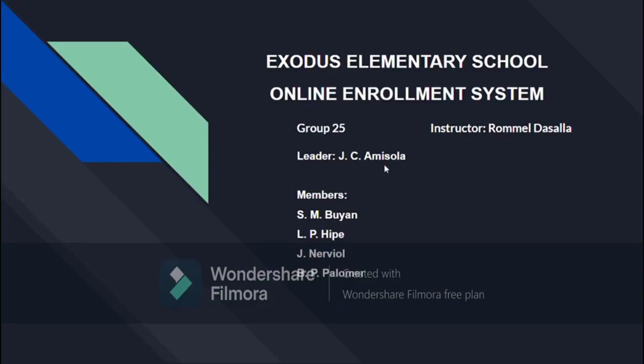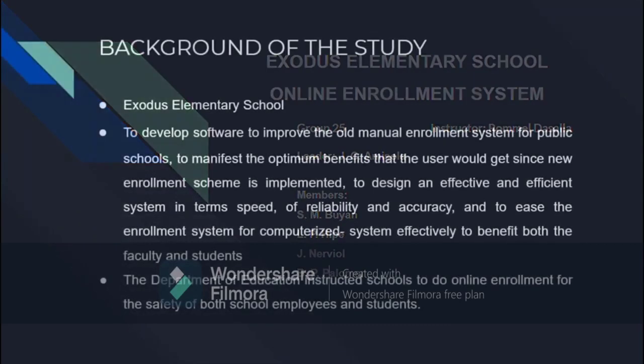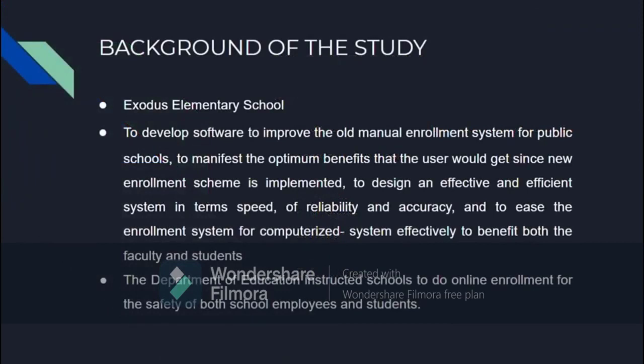This will be presented to the Exodus Elementary School for their enrollment system. Alright, so let's start first with the background of the study. The school where we are going to present this system is the Exodus Elementary School.